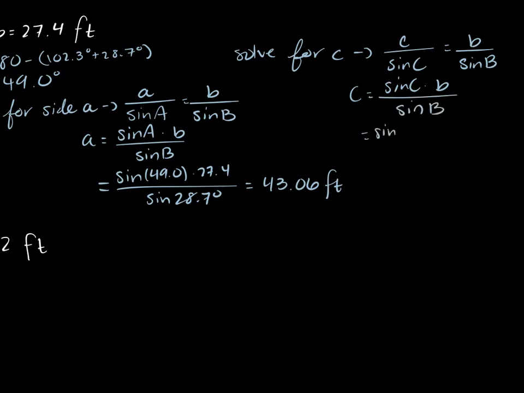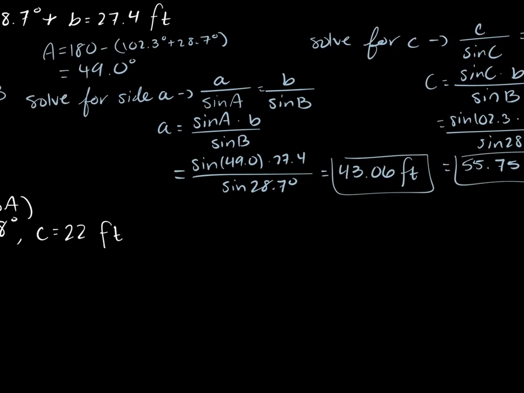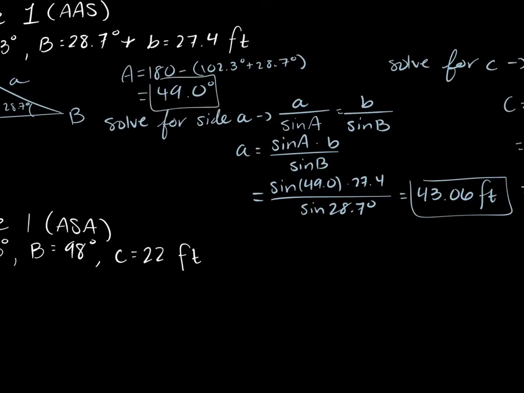So we've got sine of 102.3 times 27.4 over sine of 28.7. Plug it into your calculator and you get 55.75 feet. And those are our answers because we've now solved our triangle for all of our missing pieces by finding angle A, side c, and side a.